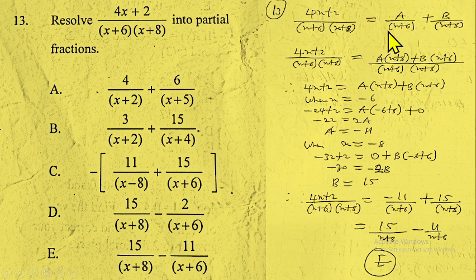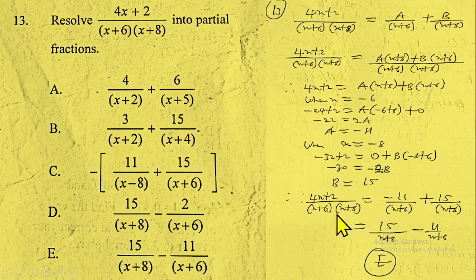How can we eliminate a as well from here? By making s equal to minus 8. So when s is minus 8, what do we have here? Put your minus 8 here times 4, that gives us minus 32 plus 2 equals, this one becomes 0. Then minus 8 plus 6 will give us minus 2 also. So you have minus 2b left. Then if you divide both sides by minus 2, then b will be 15.